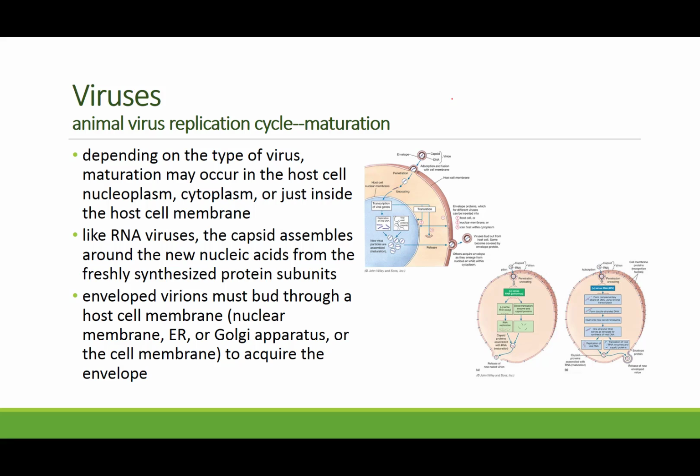And it could be the nuclear membrane, it could be endoplasmic reticulum, it could be the Golgi apparatus, or it could be as it exits the cell, as it leaves through the cell membrane.